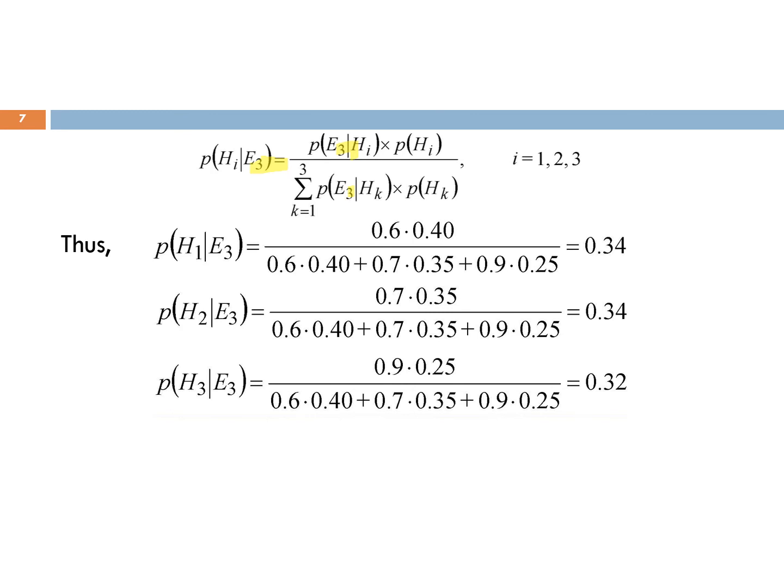So we have a decrease. And for hypothesis 2 it's almost the same, 0.34. In the previous table it is 0.35, about the same. And hypothesis 3 is increased to 0.32 from 0.25.